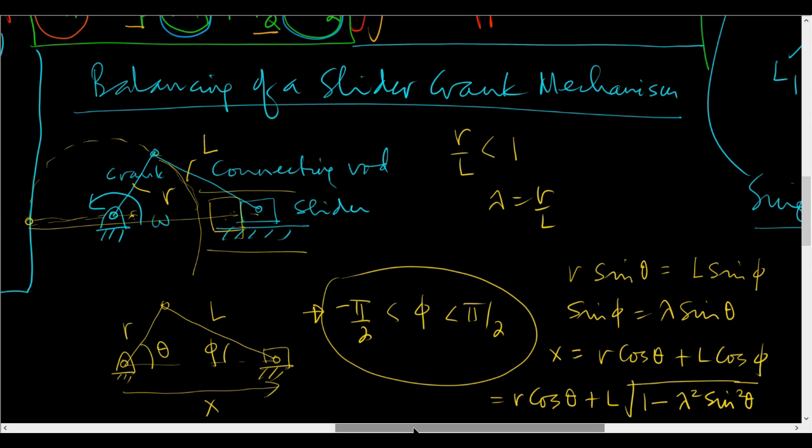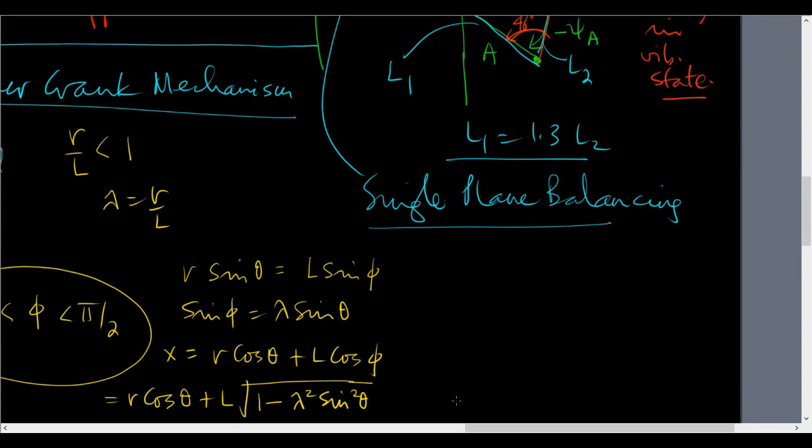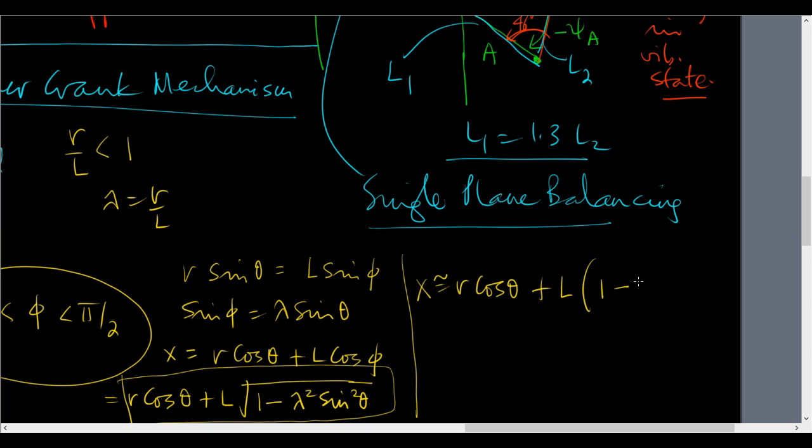Additionally, it should be clear that this part here becomes x is equal to R cos theta, we will say approximately, plus L times 1 minus lambda square by 2 sine square theta plus dot dot dot. Because this is order lambda to the power 4, I am expanding this using the binomial theorem, or Taylor series or whatever, for small lambda.